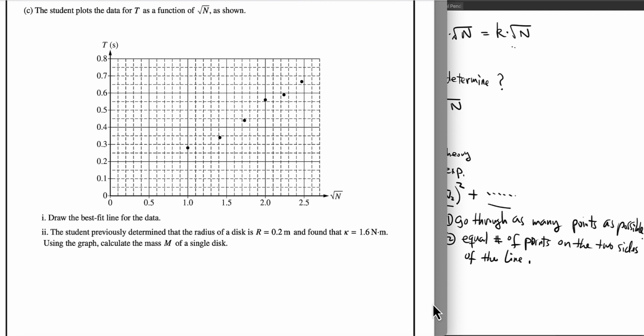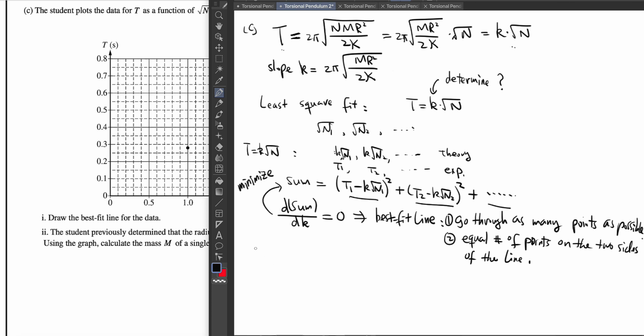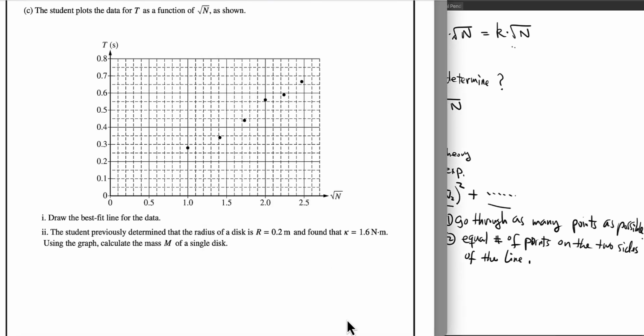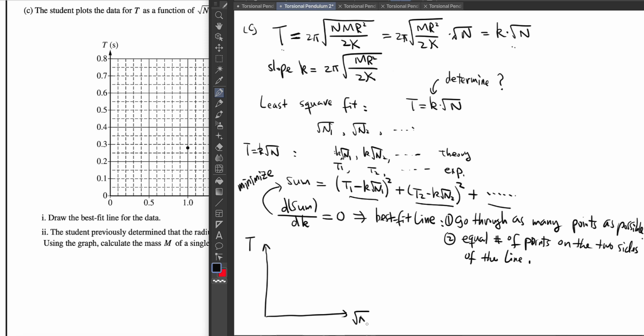So let me try to draw a curve, and then I will give that data. Okay, so that's the t-axis. That's the square root n. So you have a curve that looks probably like this.